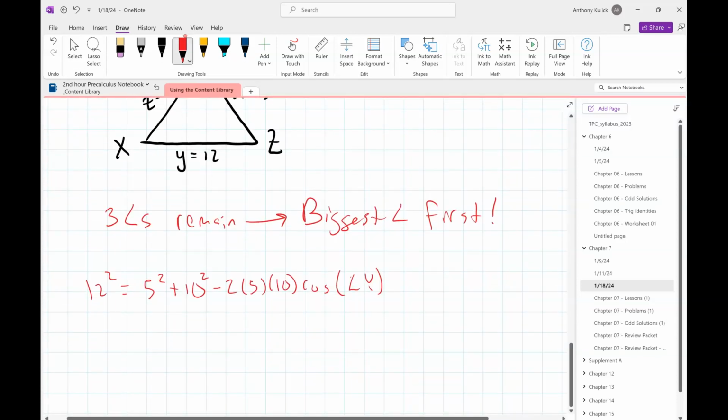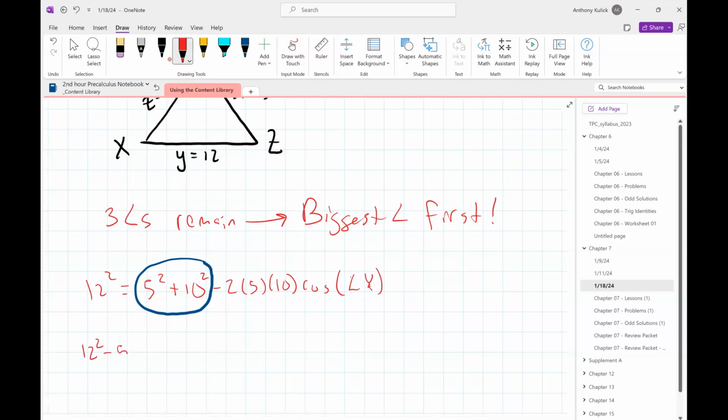So now I need to get angle y by itself. So I'm going to subtract these two over. And then I'm going to divide this stuff over.